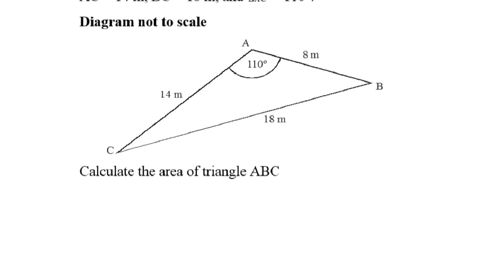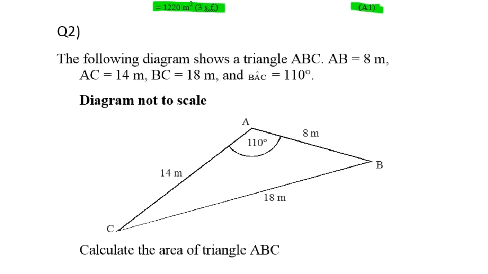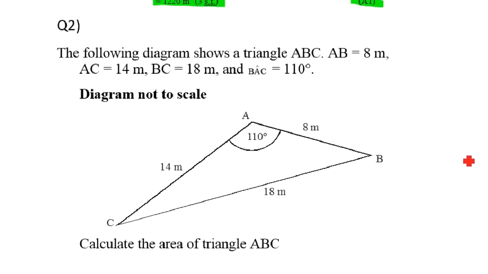Let's see this example here. Question number 2. The following diagram shows a triangle ABC. AB equal to 8 meters, AC equal to 14 meters, BC equal to 18 meters, and BAC is 110 degrees. Calculate the area of the triangle. Remember this V again.